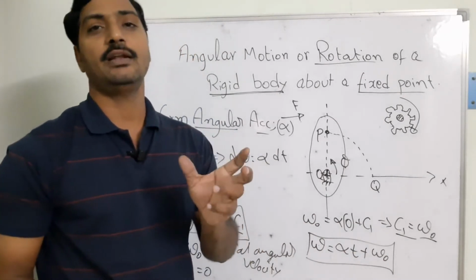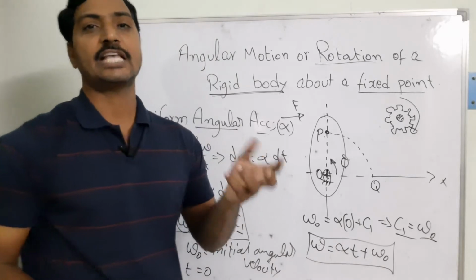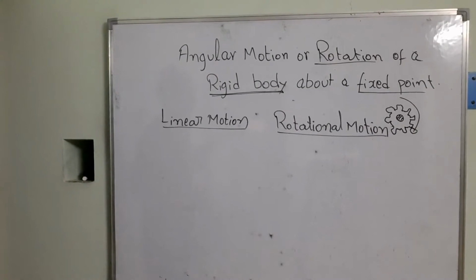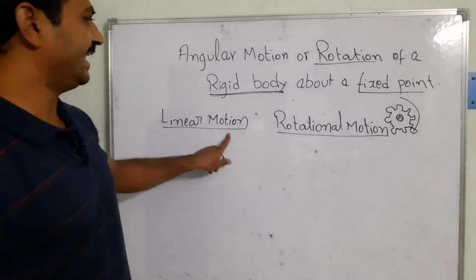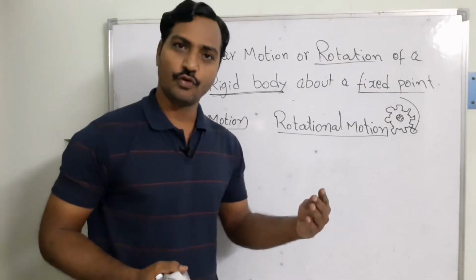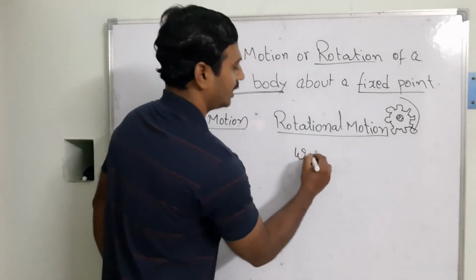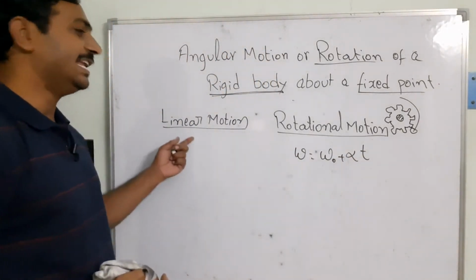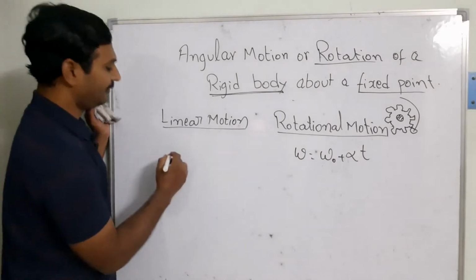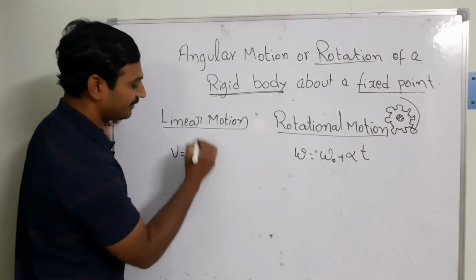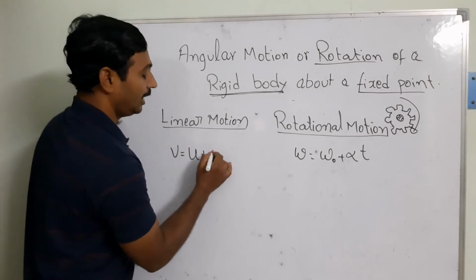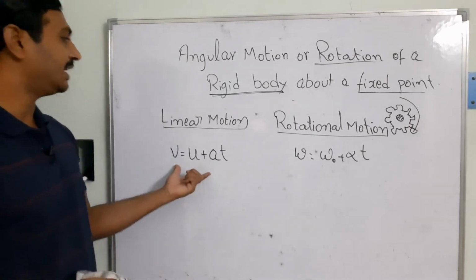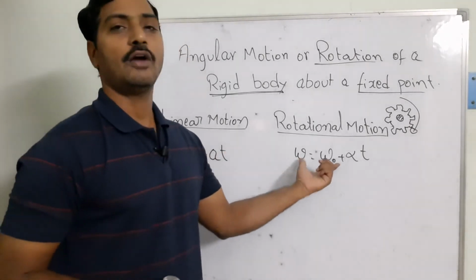Now I will try to correlate the linear parameters with the angular parameters, so that you can understand better. We have two conditions, linear motion and rotational motion. We just derived omega is equal to omega naught plus alpha t. For linear motion, the same equation is: final velocity is equal to initial velocity plus uniform acceleration a times t. You can see the comparison between linear and rotational motion of a rigid body.